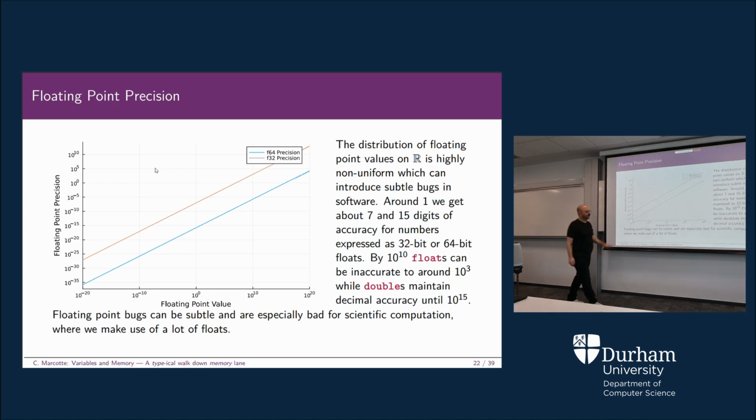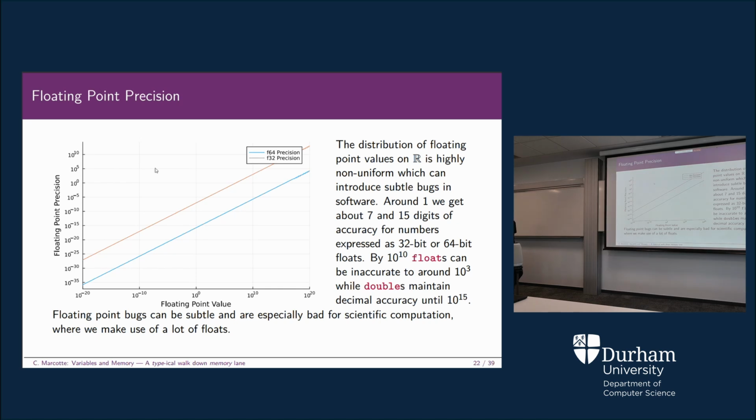We typically talk about accuracy in terms of around 1. So around 1 we get about 7 digits for F32 and around 15 digits for F64. By 10 to the 10, floats can be inaccurate to about 1,000, while doubles maintain decimal accuracy, an accuracy of about 1, until 10 to the 15th, and then things get real weird.